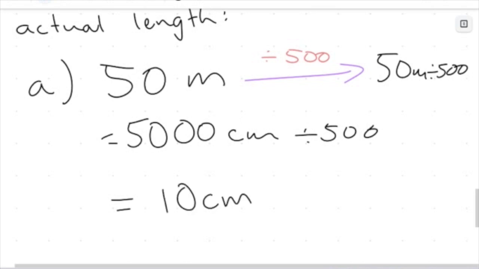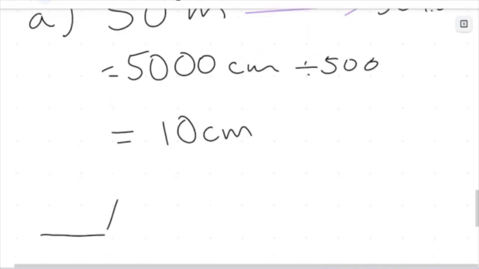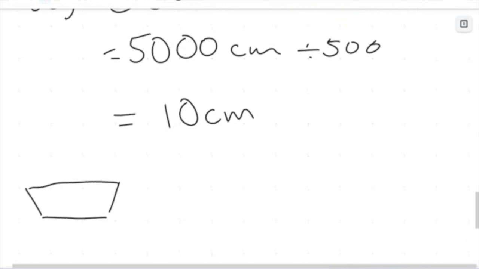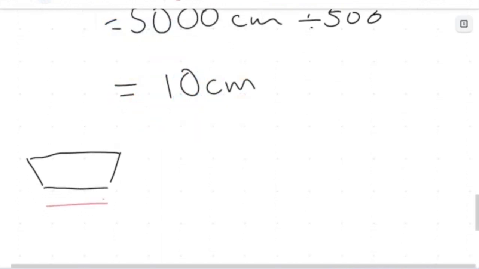So that means that 10 centimeters on my model of my boat is going to be 50 meters on the actual boat. So my small little boat, if I measure some length of 10 centimeters on it, when I go out and look at my massive boat, let's make this arrow smaller so I can draw a massive boat.